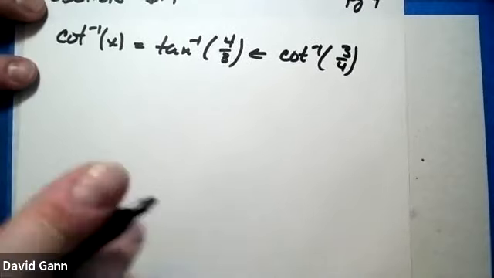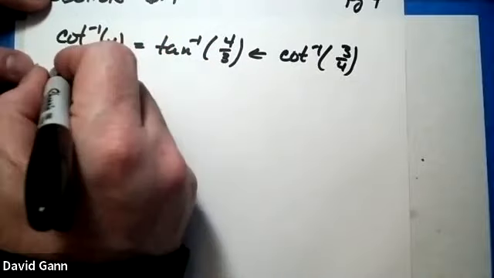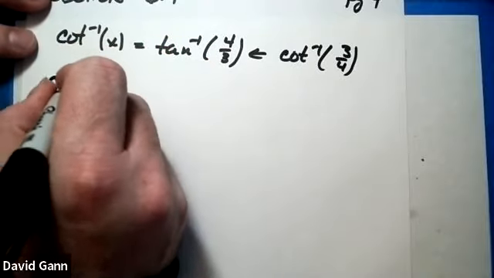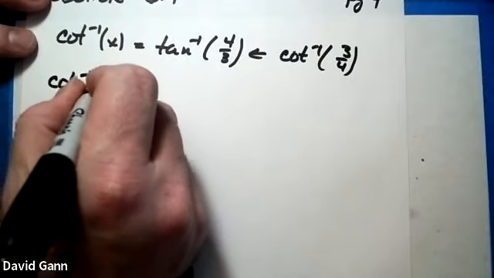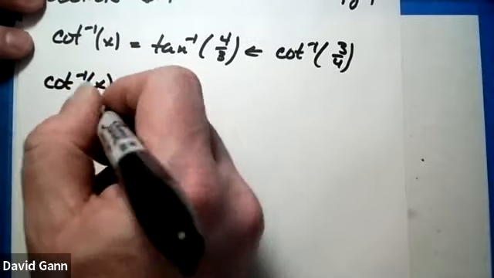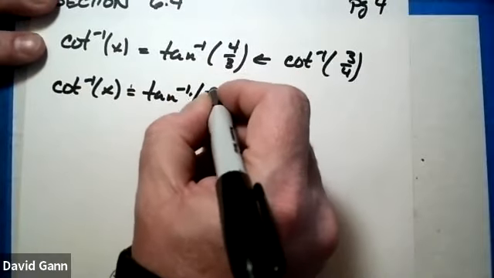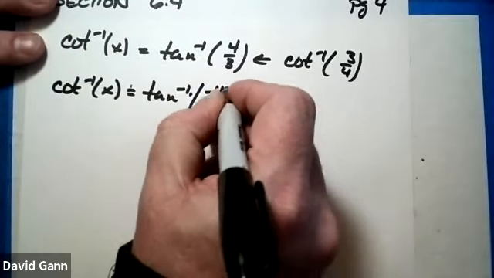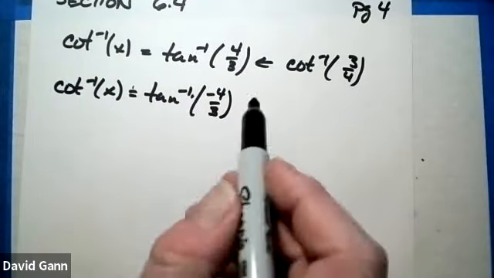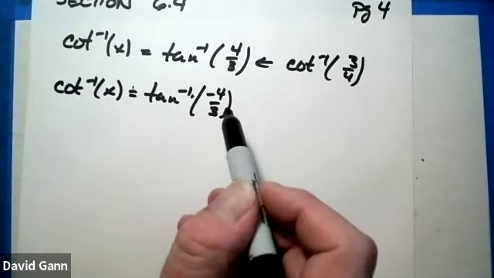But I want to caution you, because if this was another problem where we have the inverse tangent of -4/3, right? You've got to be careful.